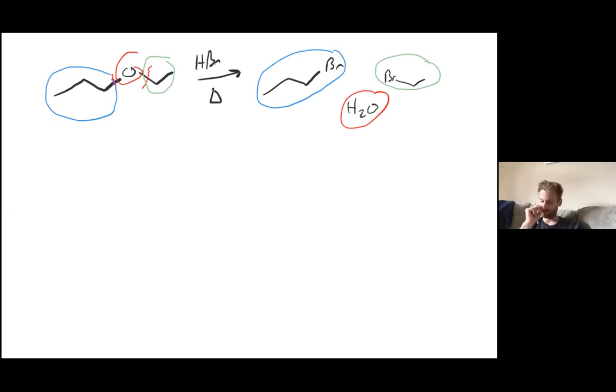Let's talk through a mechanism for how this happens. So when we have HBr in solution with this ether here, we are going to protonate our ether.